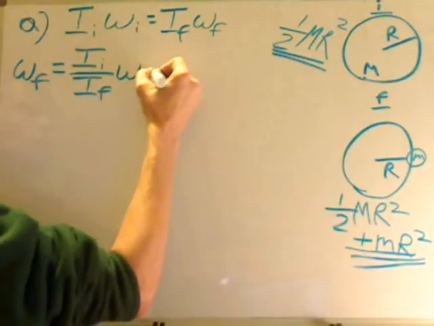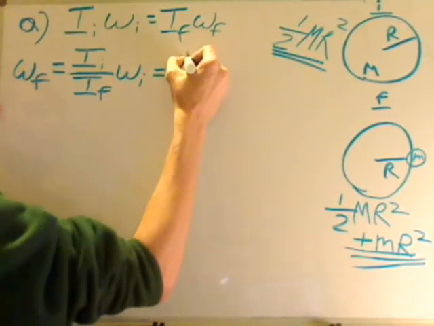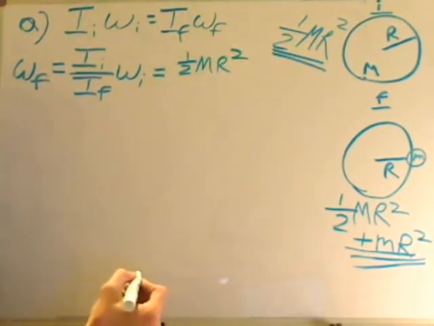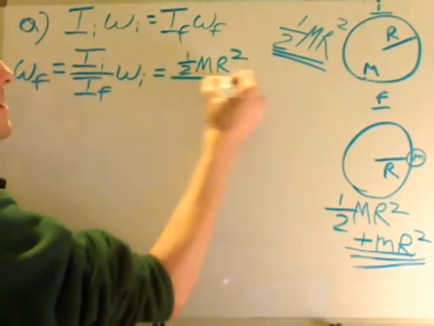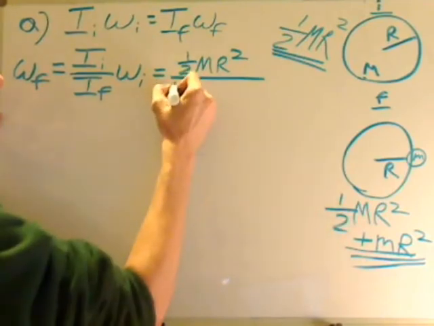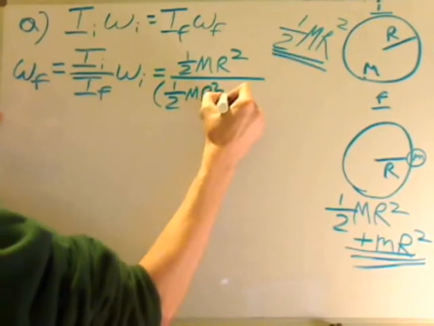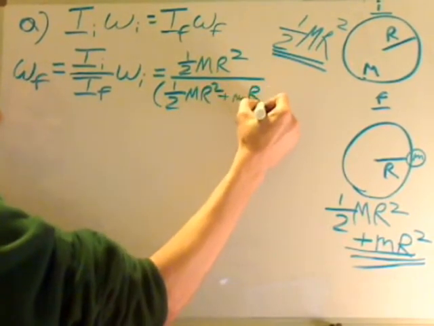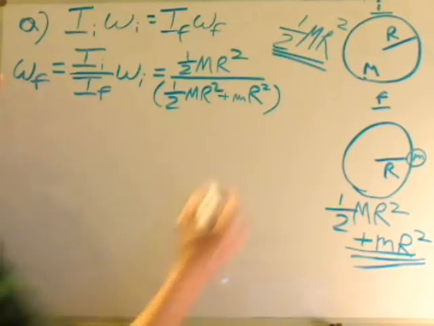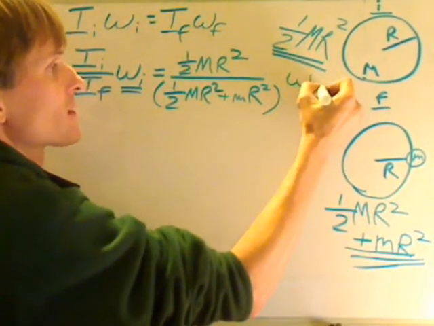The initial moment of inertia is 1/2 big M r squared, divided by the final moment of inertia, which is 1/2 big M r squared plus little m r squared, times our initial angular velocity.